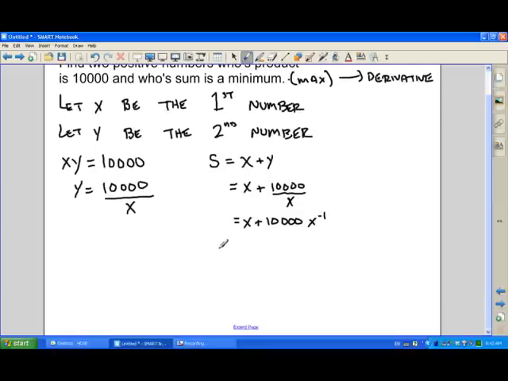I can then find the derivative of the sum equation. And now this is the equation I want to solve. I want to find the minimum by setting the derivative equal to 0 and solving for x.